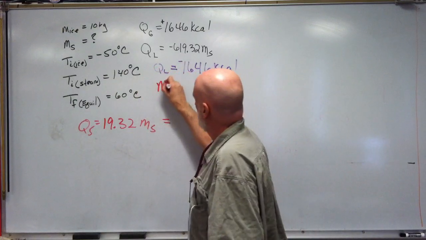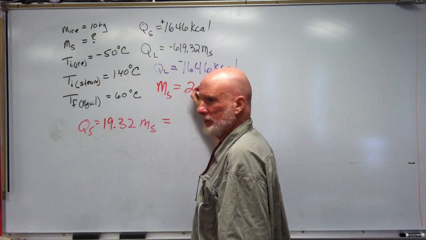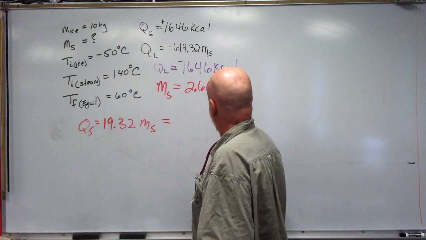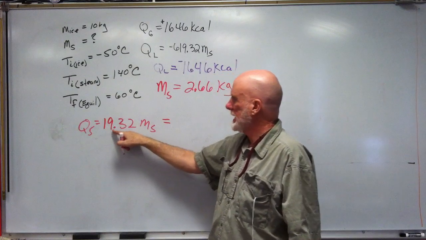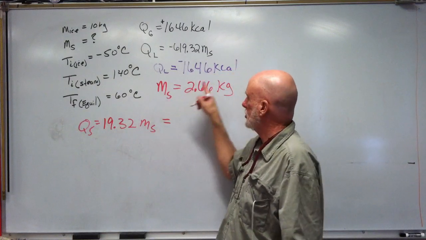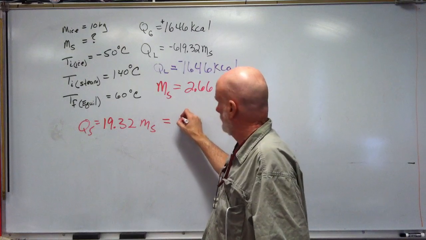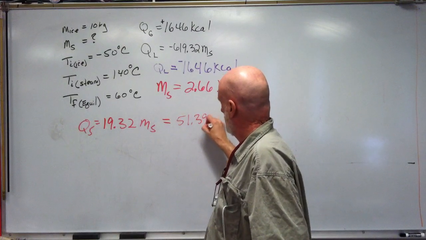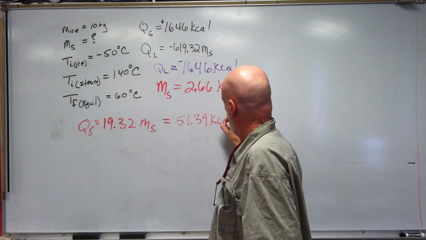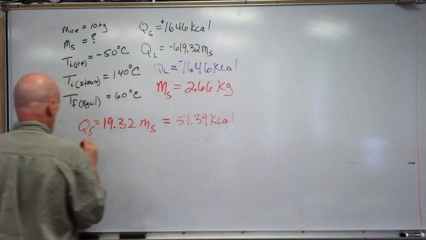Oh, we didn't put this. Mass steam is what? 2.66 kilograms. So multiply 19.32 times 2.66. That is 51.39, and it's going to be negative.